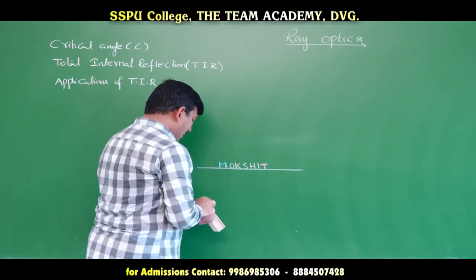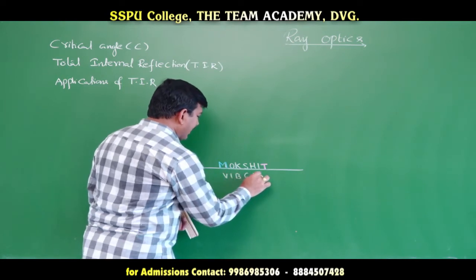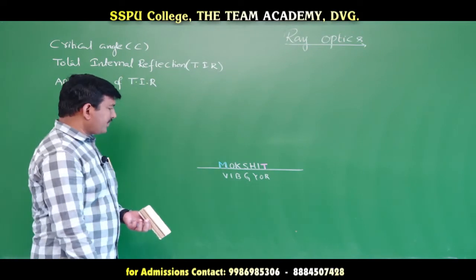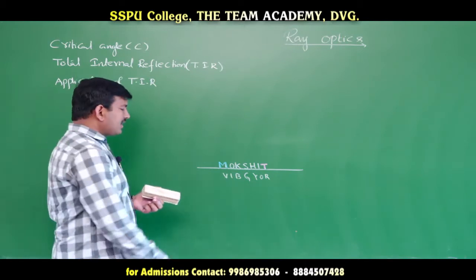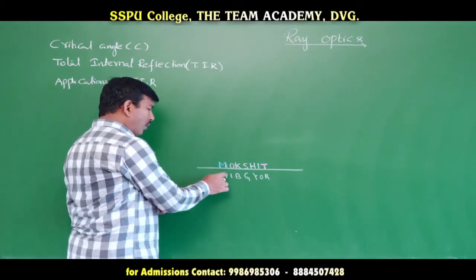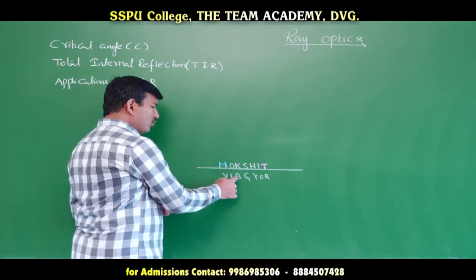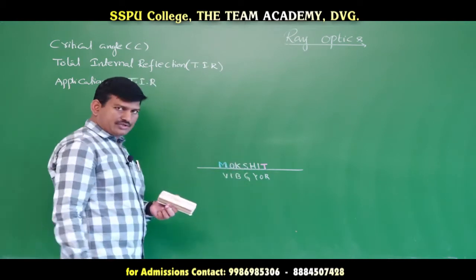That means I have written with VIBGYOR colors: violet, indigo, blue, green, yellow, orange, red. I have used 7 different colors to write 7 different letters in the name Mokshit. So the first letter is written with violet, and the last one with red, O with indigo, K with blue, S with green, H with yellow, and I with orange.